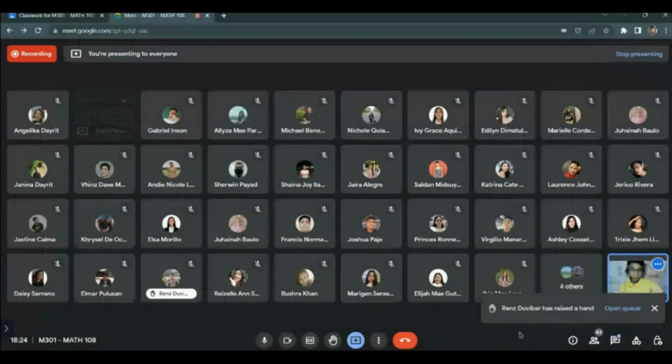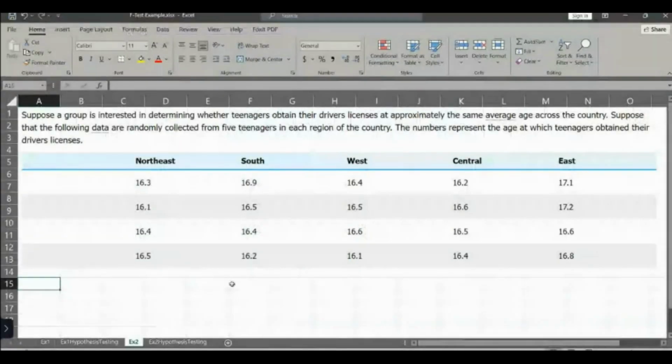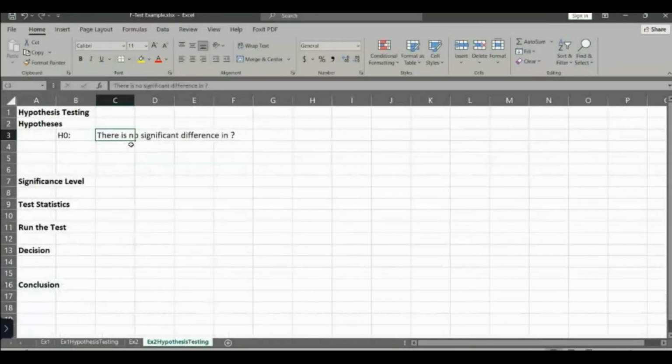Hi, we have Renz. Try lang po sir. Sure. There's no significant difference in the average age of the teenagers who obtain driver's license among the group.